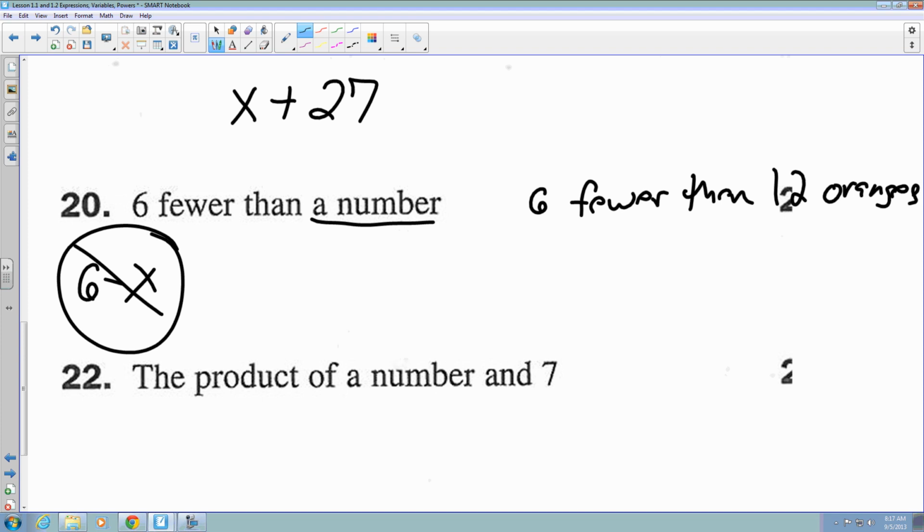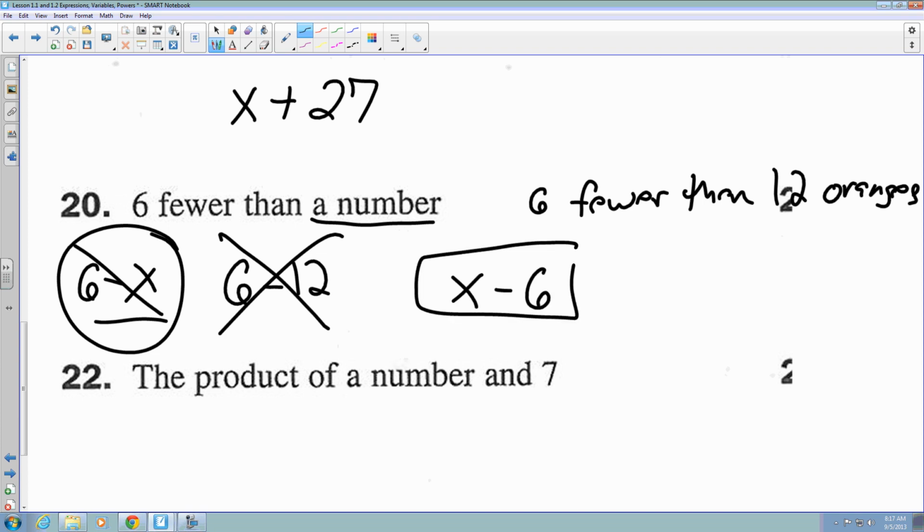If you were to write it like this, you would have written it as 6 minus 12, which would have given you a negative number. So we know that's not true. So that means the only way this can be written is to put the variable in front, minus 6. That is the correct way.